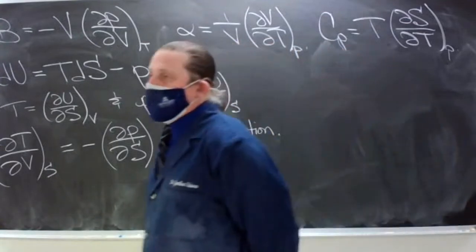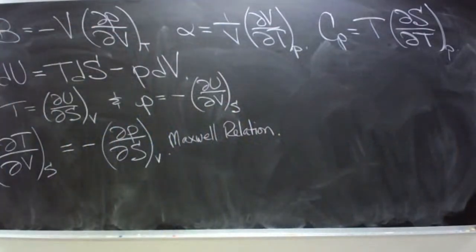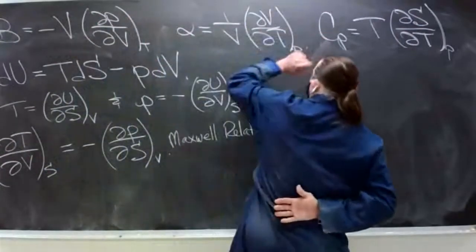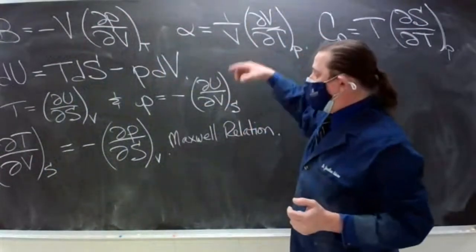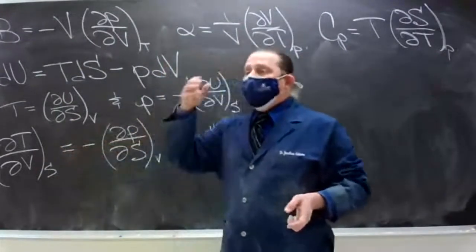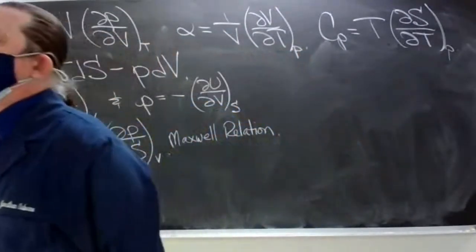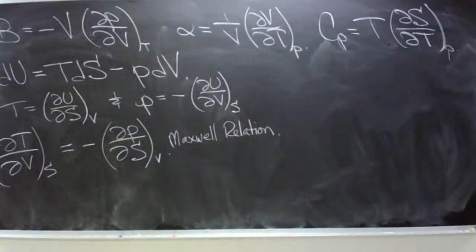So this is a Maxwell relation. Unfortunately, none of our standard derivatives appear in this Maxwell relation. So it doesn't seem like Maxwell relations will be very useful to us.